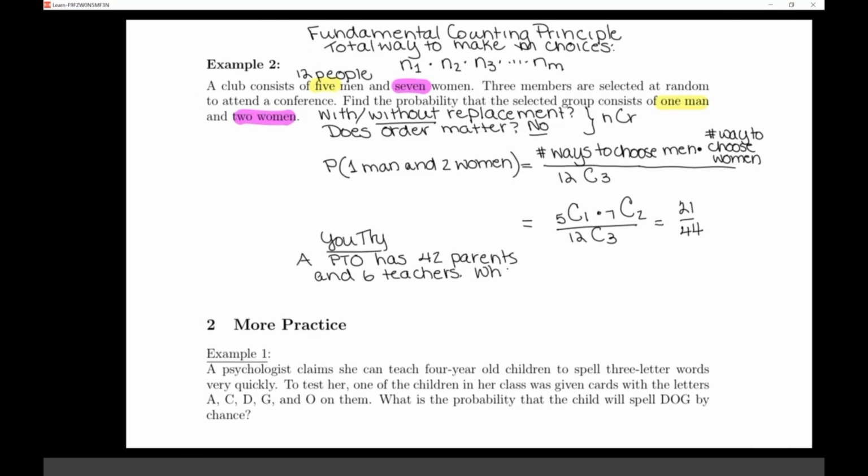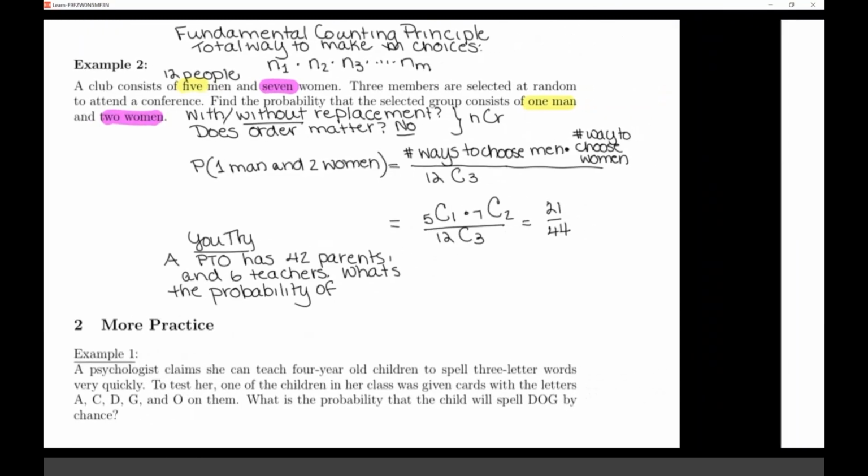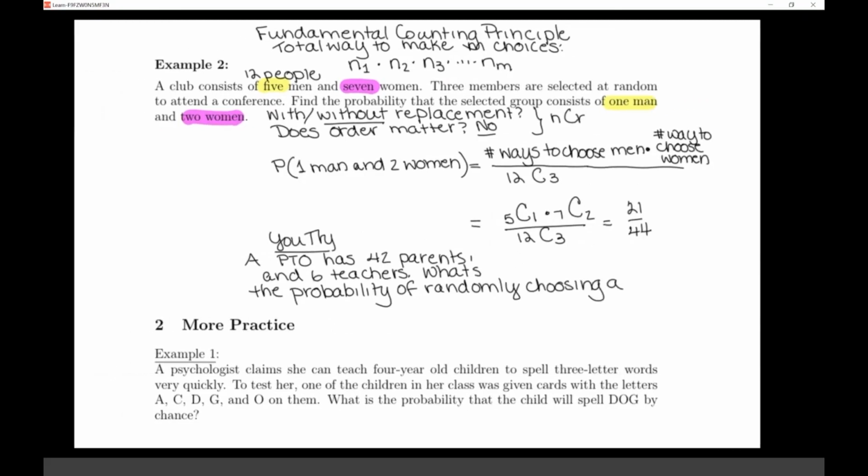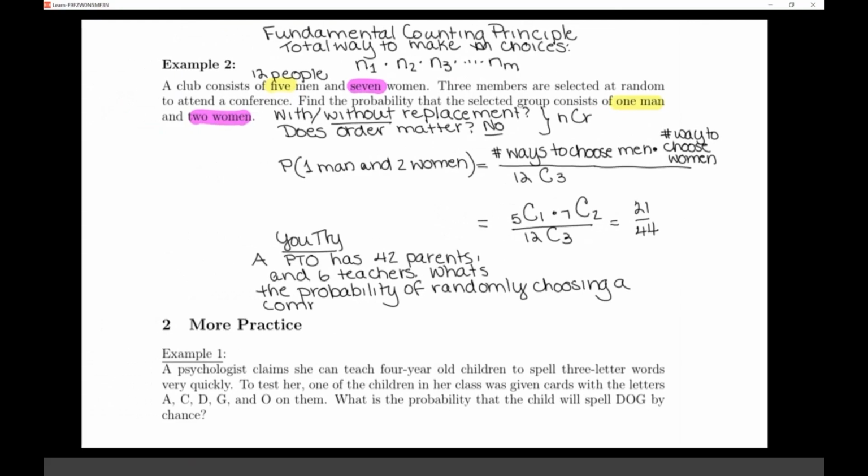What's the probability of randomly choosing a committee with 4 parents and 1 teacher?